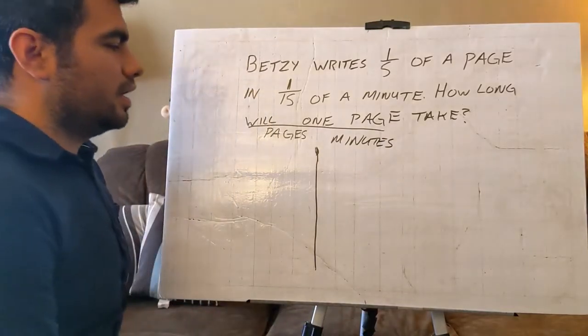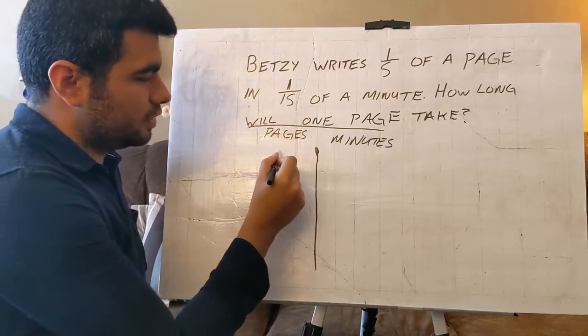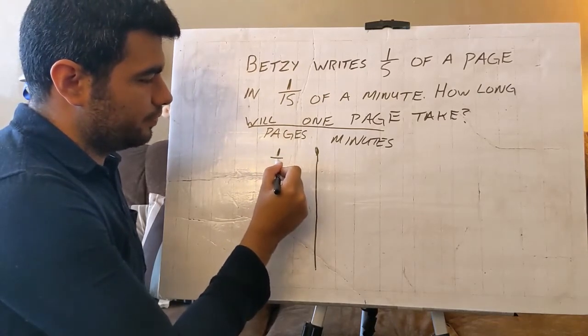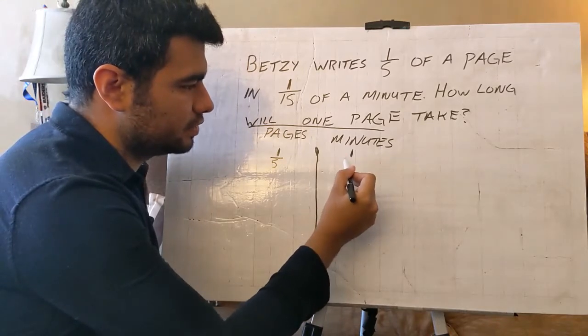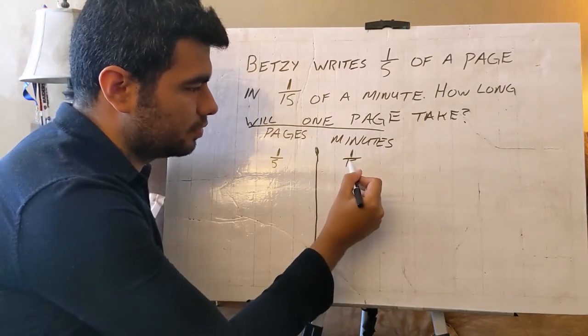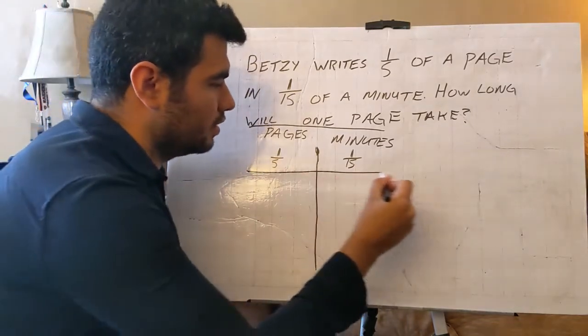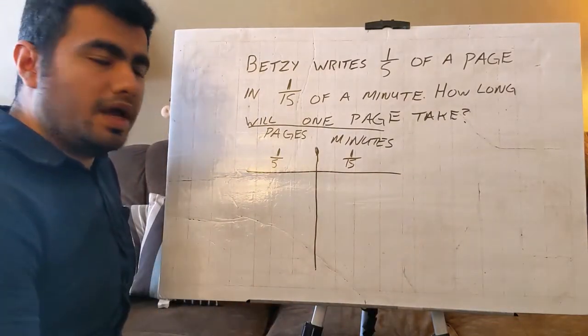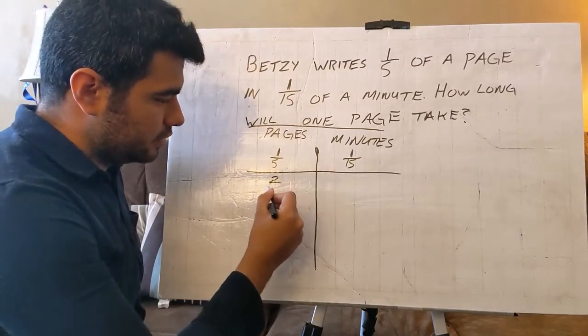When she first starts off, she's writing 1/5 of a page, and then she writes for 1/15 of a minute. Another 1/5 is going to pass.